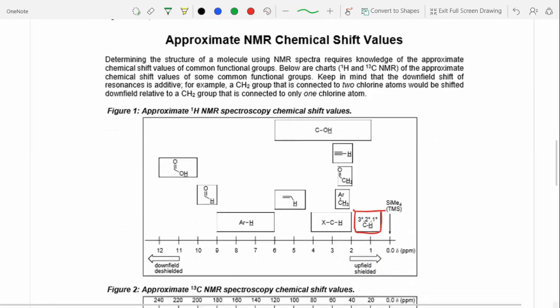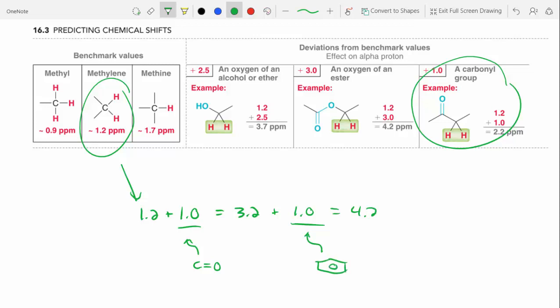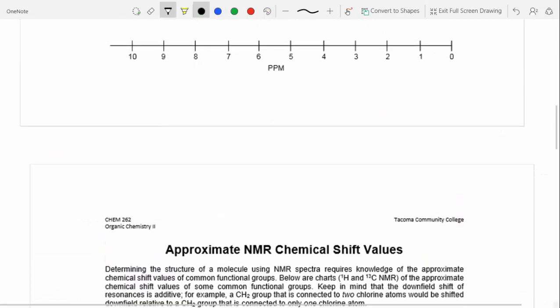So let's go back down to our math. What I would do is look at this and say this is due to the CO bond. And then I would say approximately 1 ppm more. And this is due to our benzene ring that is right next to it. Oh, I can't add. Why didn't anyone yell at me? We would add 1.0 to the 2.2 and we would get a signal at approximately 3.2. So let's go back up and put that in our table.